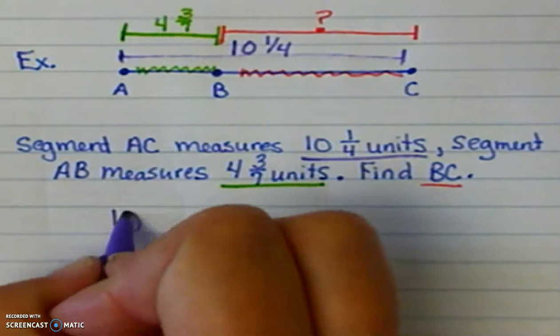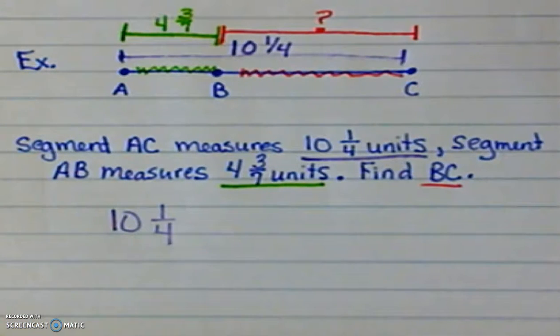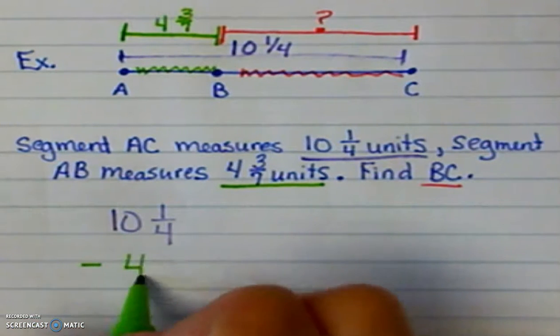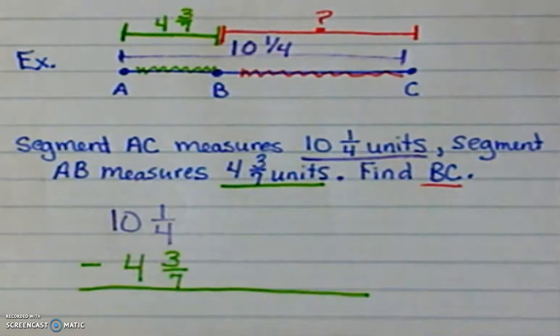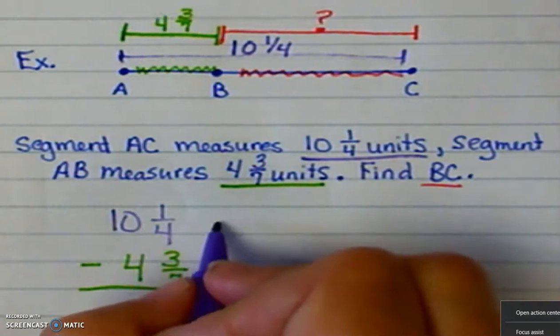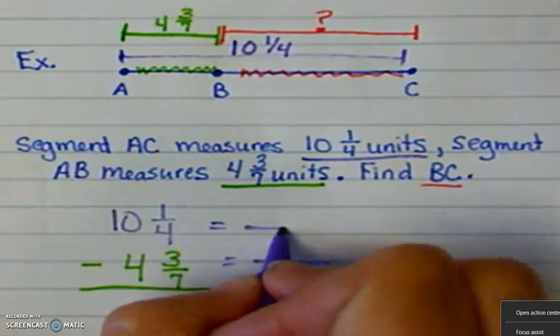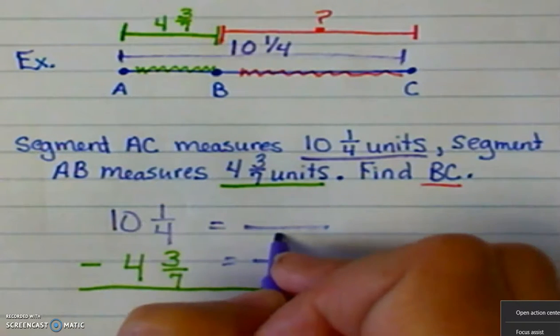I'm going to take 10 1/4 units and subtract from it 4 3/7. To subtract, we're going to get a common denominator. The least common multiple between 4 and 7 is 28.